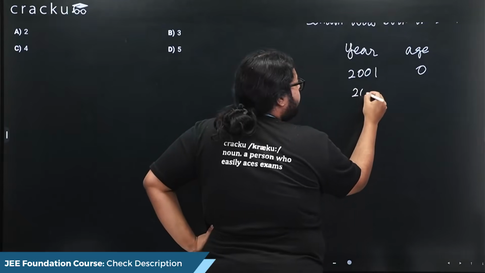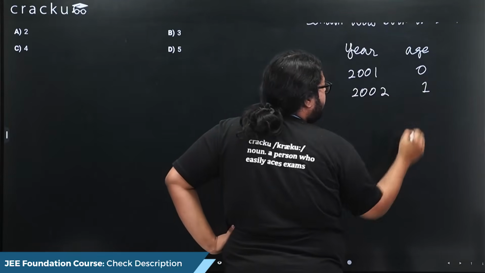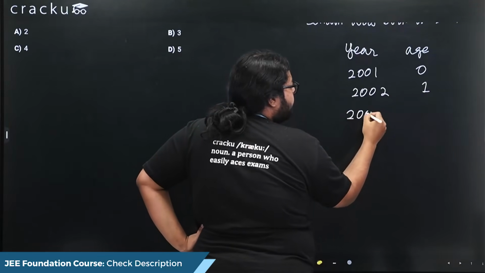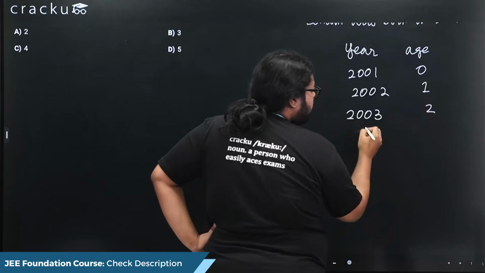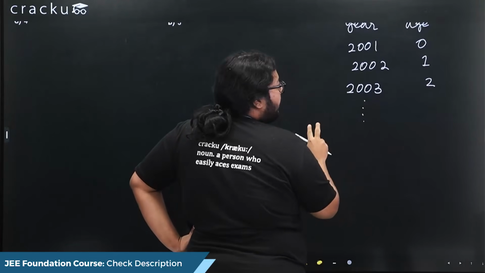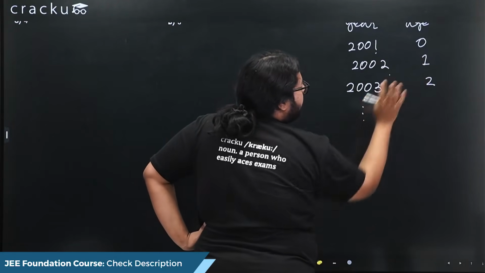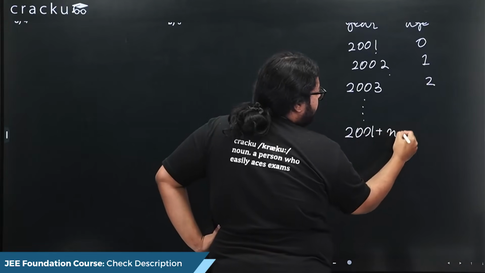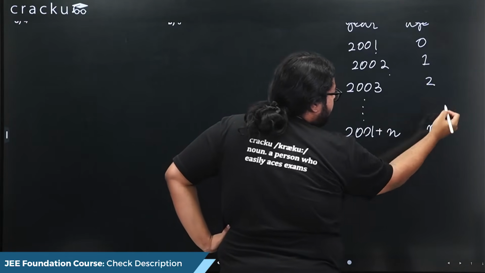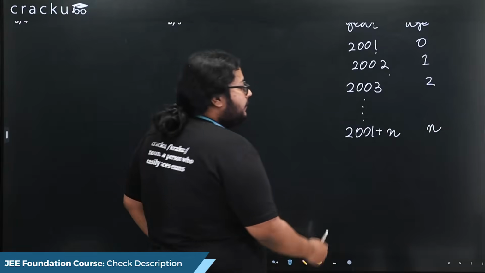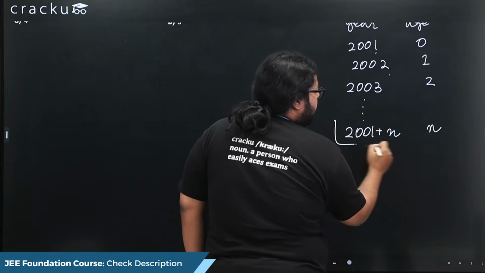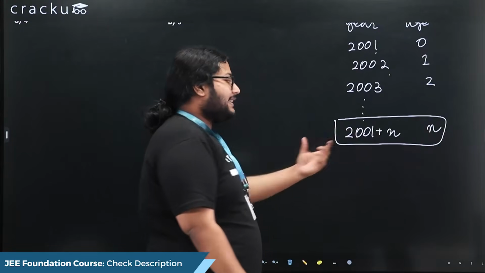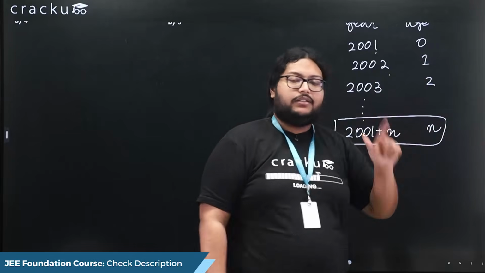In 2002, his age was 1. In 2003, his age was 2. So I'm basically adding 1 here and 1 here, no? So in 2001 plus n, his age would basically be n. That would be the general thing. In the year 2001 plus n, his age is going to be n.